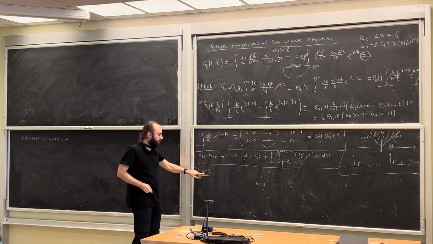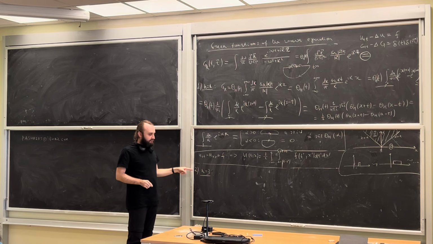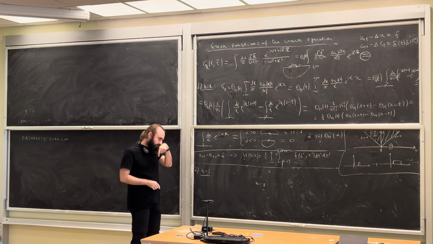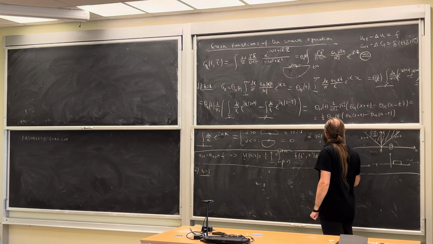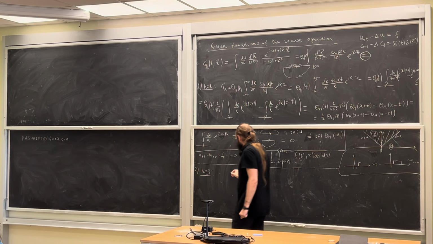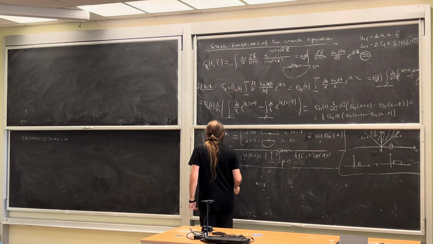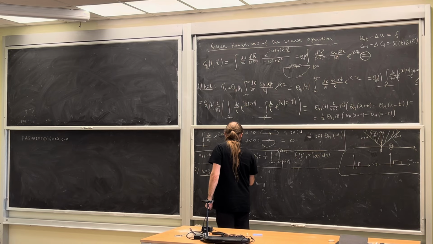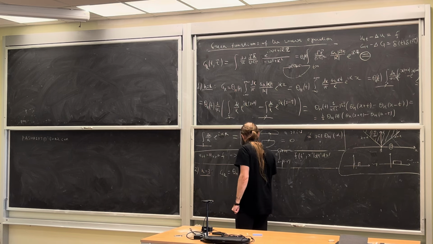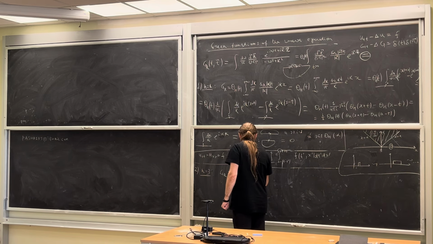And I'll show you a bit later that it is simpler than the two-dimensional wave equation. So in this case, this Green function is given by this expression. So we now have a three-dimensional integral.